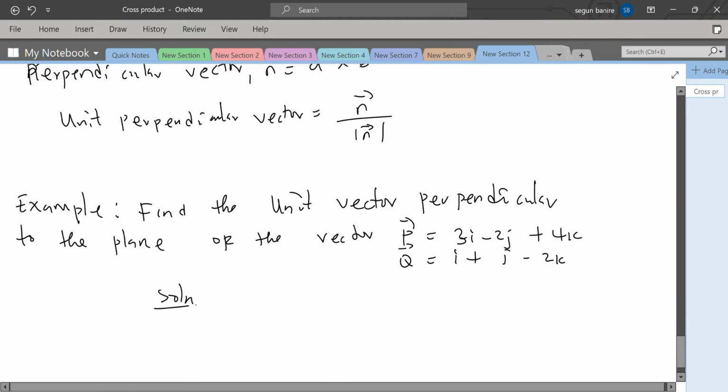Solution. So we need our N, which is P cross Q.